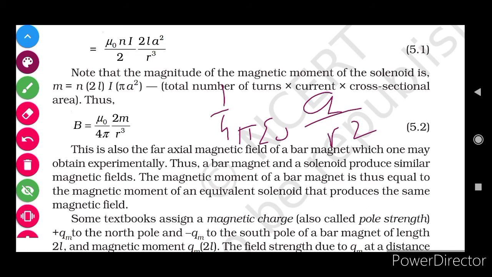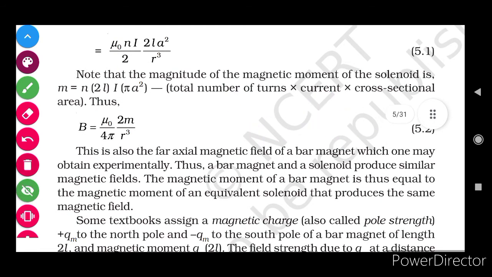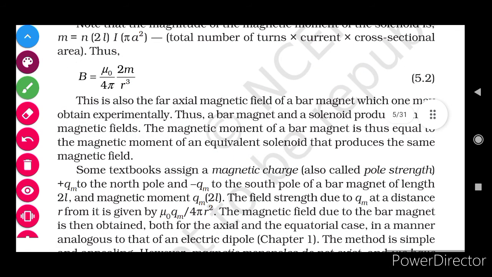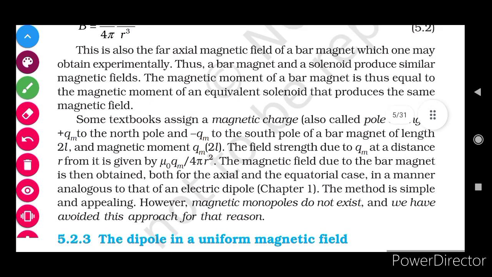Similarly here, for a single magnetic pole or magnetic charge, it will be mu naught upon 4 pi, qm upon r square. This will be the magnetic field due to a single magnetic pole.